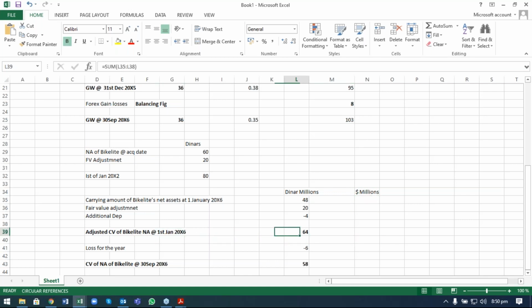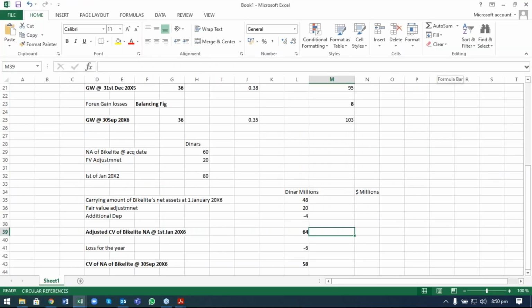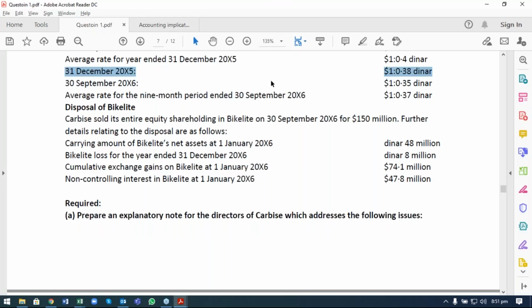So for the adjusted value, we have to use the exchange rate on 31st December 2005, that was 0.38 dinars, because 1st of January and 31st December is the same date. The forex rate should be applied, 0.38, and the average rate should be applied to the profit and loss during the year.